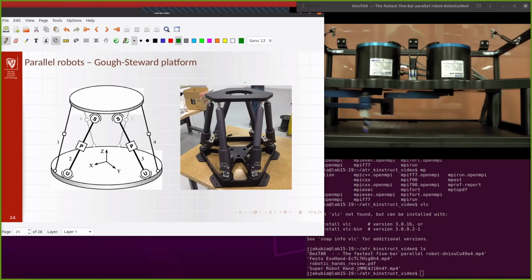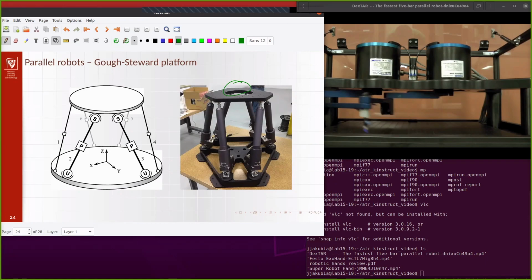So the movement is mostly rotation of this base. It is used in some very precise control of the orientation, for example, controlling a telescope that observes distant galaxies.